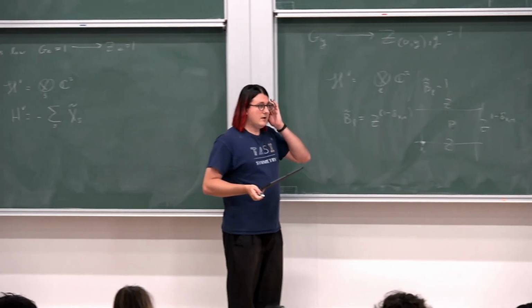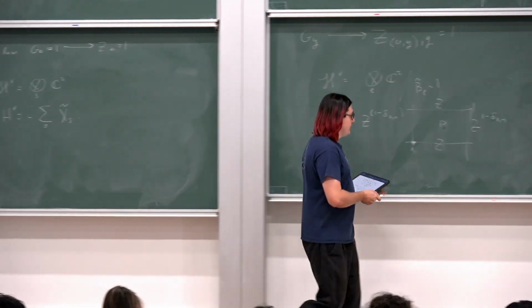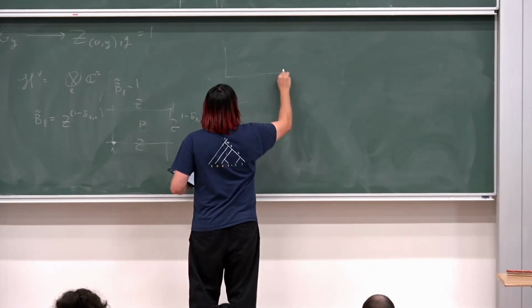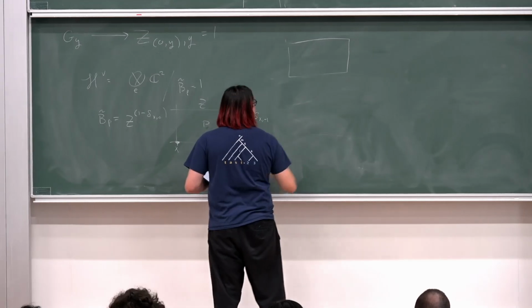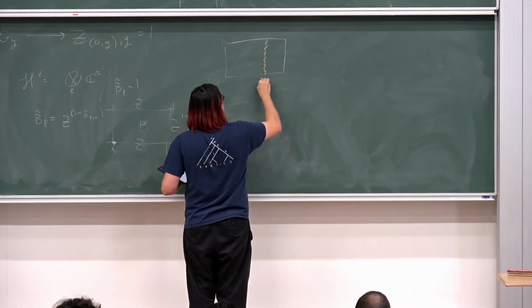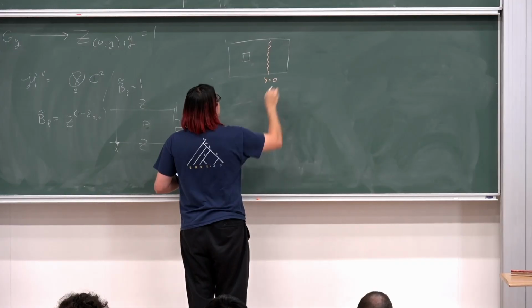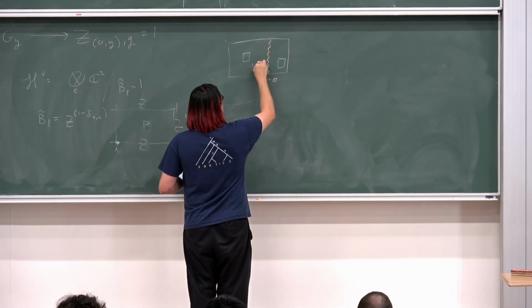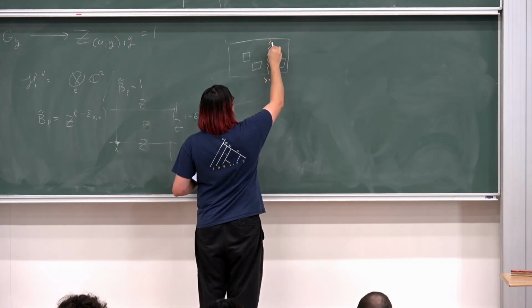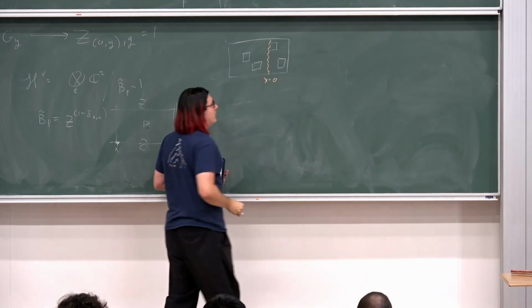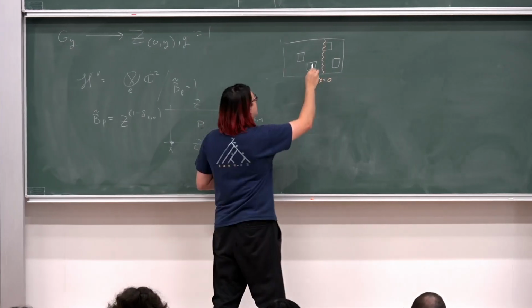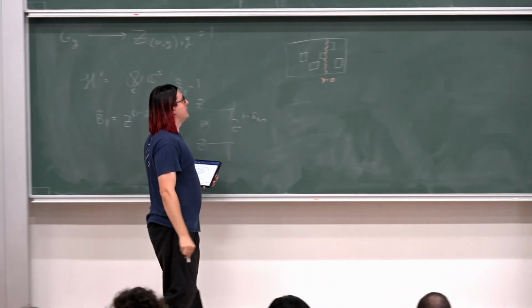Okay. So for the plaquette operators away from the defect, they look normal. But if I have a plaquette operator that touches the defect, it's missing one of the edges. Good.